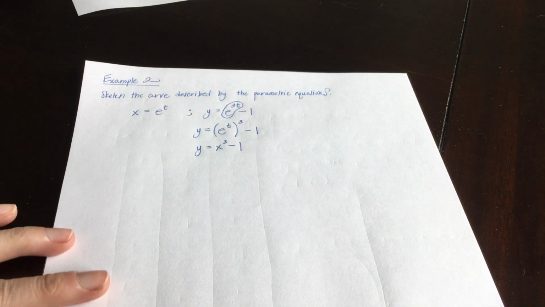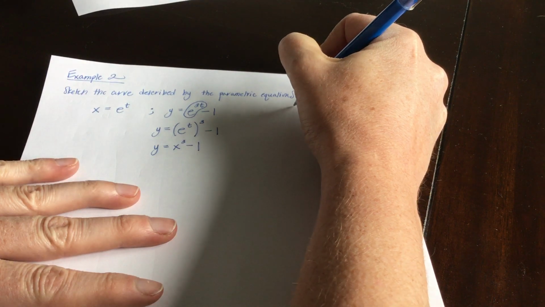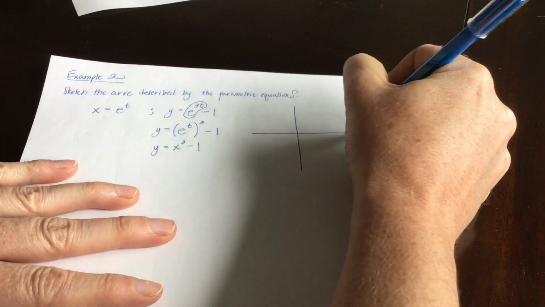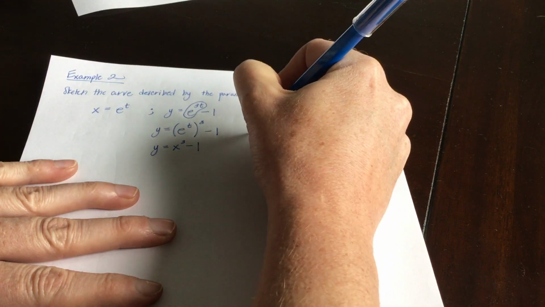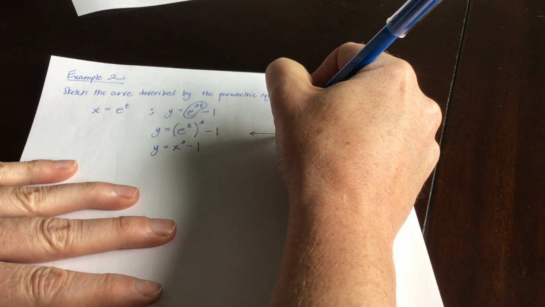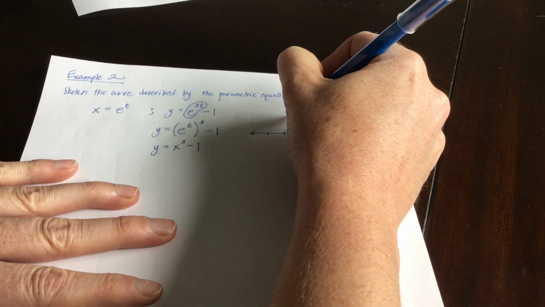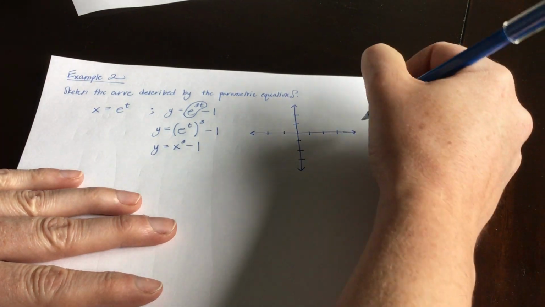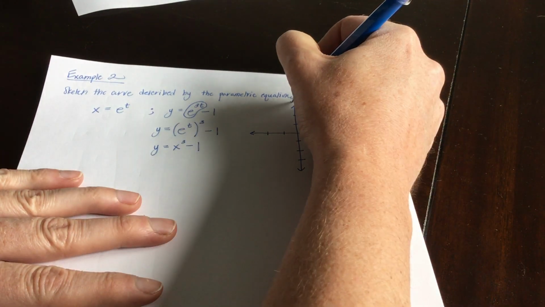There we go. And so we have eliminated the parameter, and now you could graph this on a rectangular plane now that you have it in rectangular form. And just for the record, you absolutely could have done a t-table on it if you wanted.